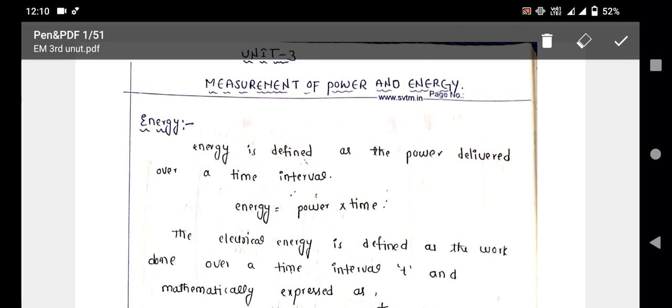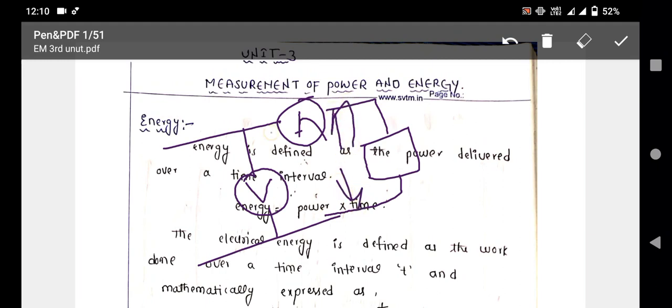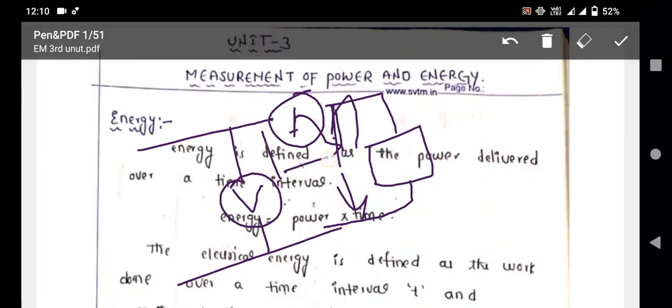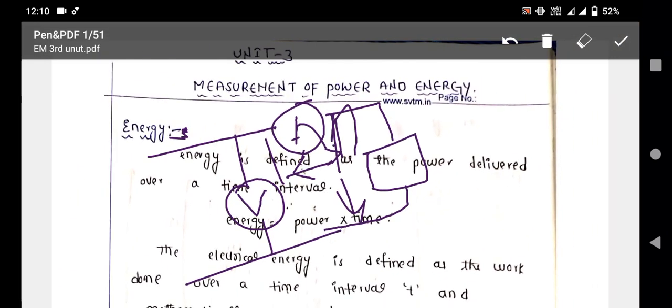Suppose you connect the voltmeter and ammeter across the load, then some errors are introduced, because the voltmeter not only reads the voltage across the load but also the voltage drop across the ammeter. Hence, measurement of power with the voltmeter ammeter method gives some losses.